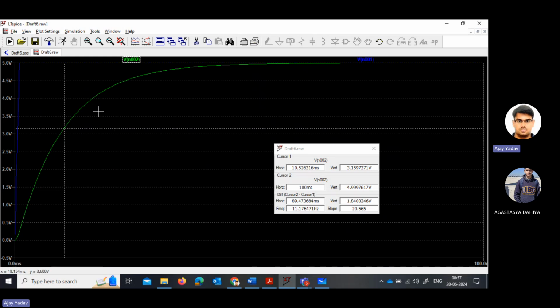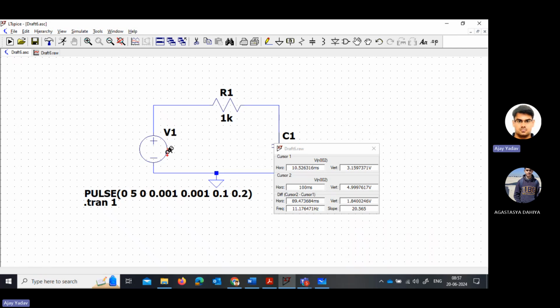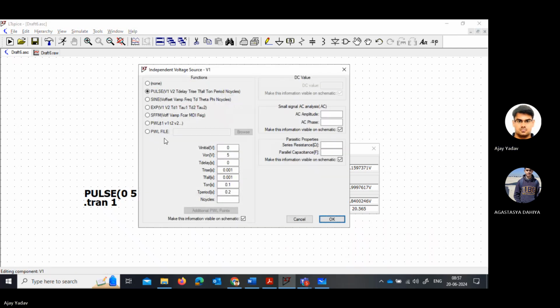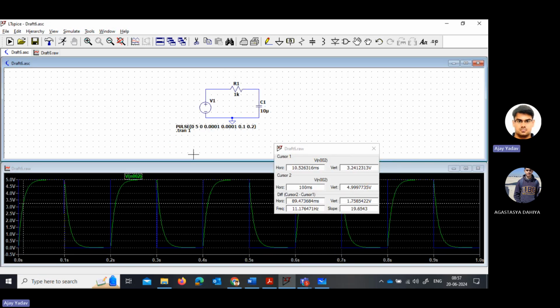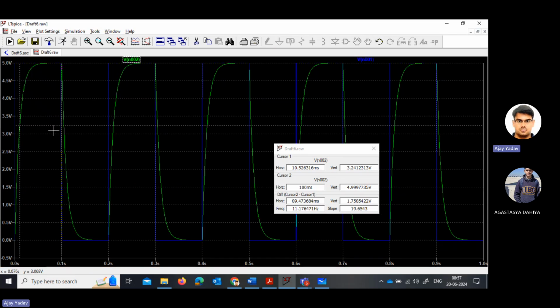Now, if you decrease it further, if you make it 0.01, you will be even closer. Suppose your system is perfect, and I simulate this again and obtain this one.